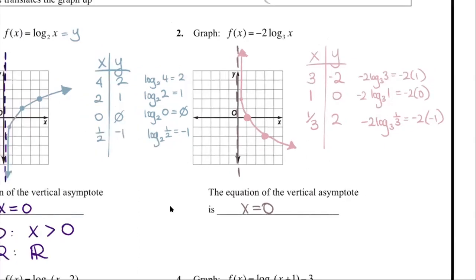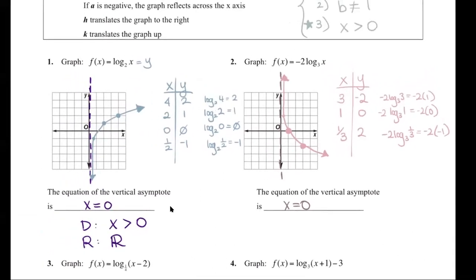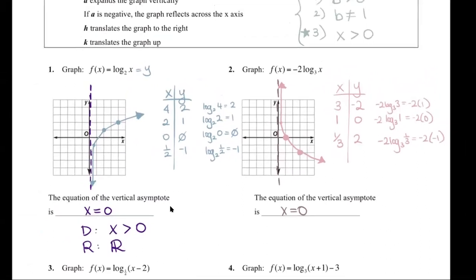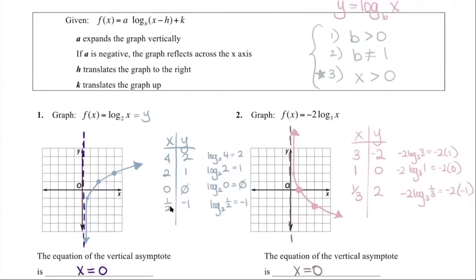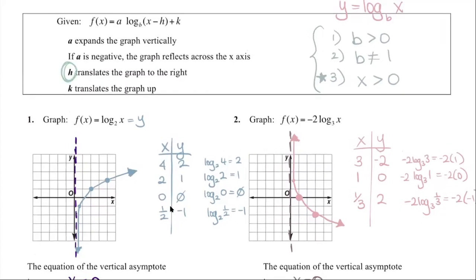All right, so here is my helpful hint for you guys with the asymptote. Because it's a vertical asymptote, it will only change if you shift it left or right. Okay, so the variable that shifts it left or right is the h.